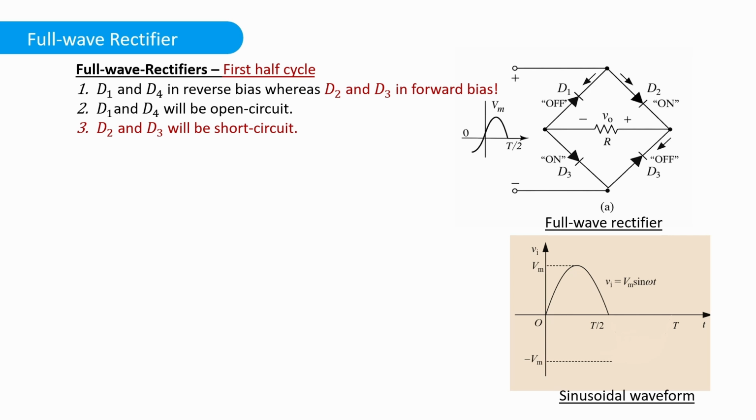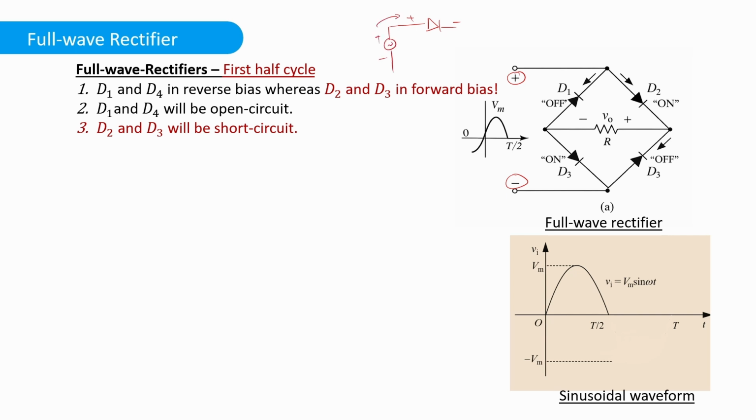For the first half of the input signal, which is positive, we will have this positive terminal over here and this negative terminal over here of the input AC voltage source. The reason for considering the positive and negative terminals is that diodes operate in forward bias condition when the positive terminal is connected with the positive terminal of the source.